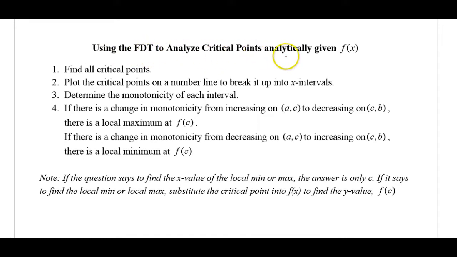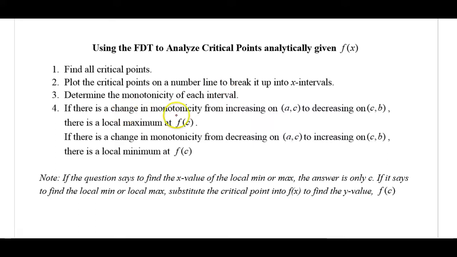Alright, so here's a methodical process to using the first derivative test to analyze what's happening at critical points analytically given f of x. So what we want to start out by doing is first finding the critical points, and then plot the critical points on a number line to break it up into x intervals, and then determine the monotonicity of each interval. So determine whether each interval is increasing or decreasing.